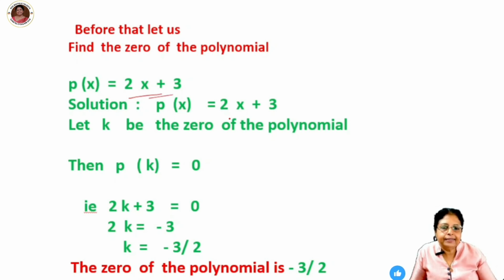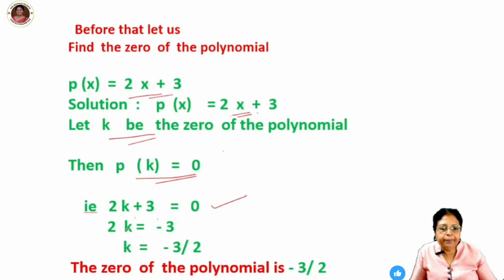So for that, let us suppose that k is the zero of this polynomial. Then p of k will be equal to 0. What is p of k here? You substitute the value x equal to k in this polynomial. So 2k plus 3 equal to 0.